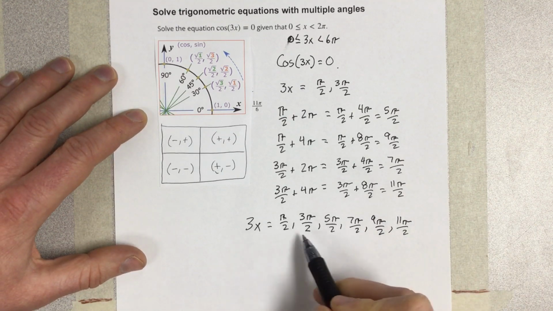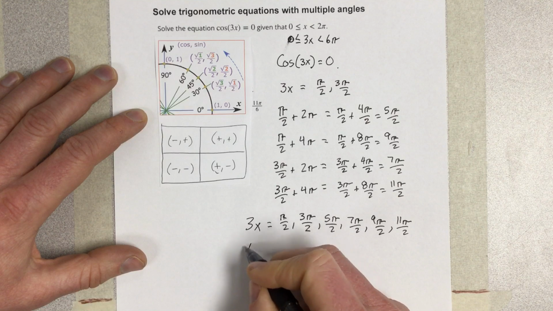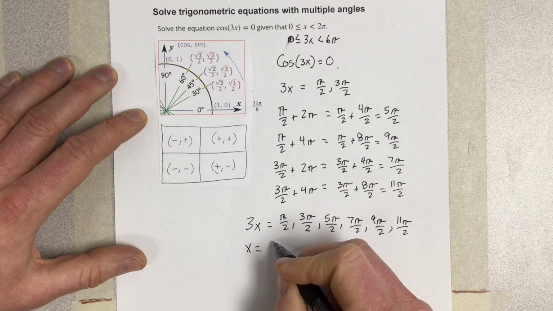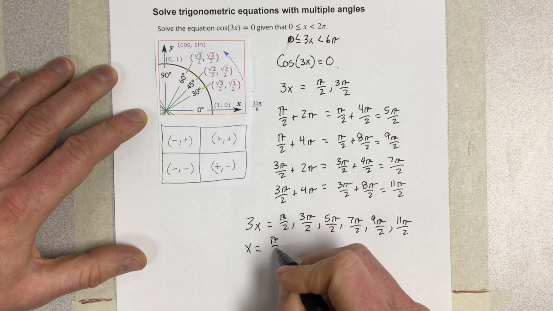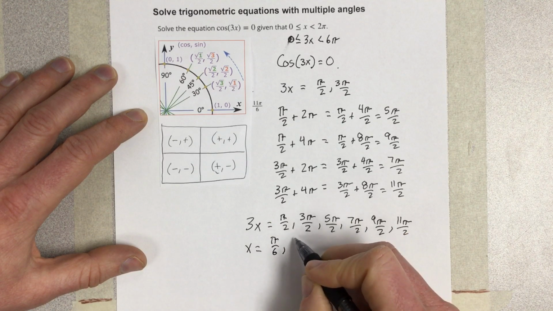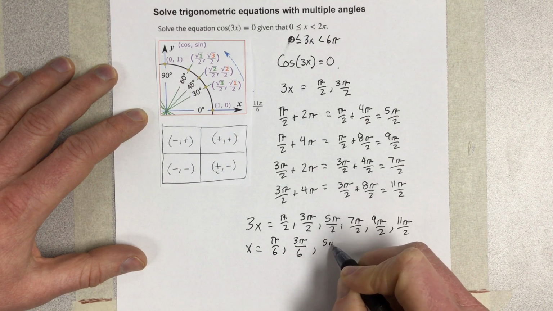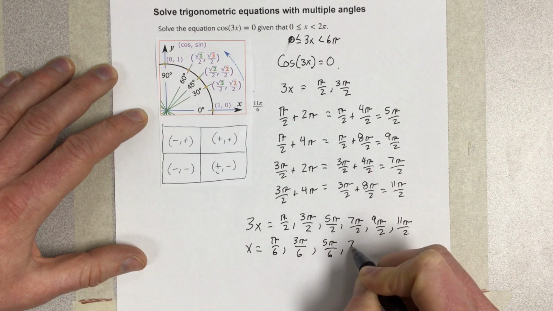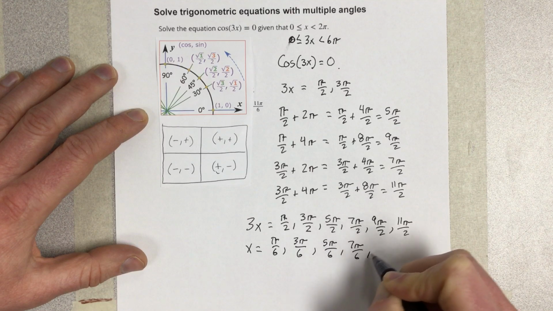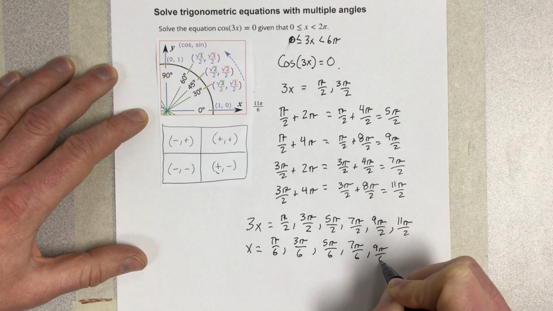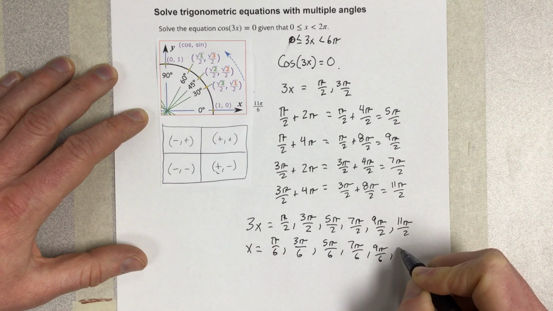So I'm going to divide by 3 on each side, and that's going to give me x is equal to pi over 6, 3 pi over 6, 5 pi over 6, 7 pi over 6, 9 pi over 6, and 11 pi over 6.